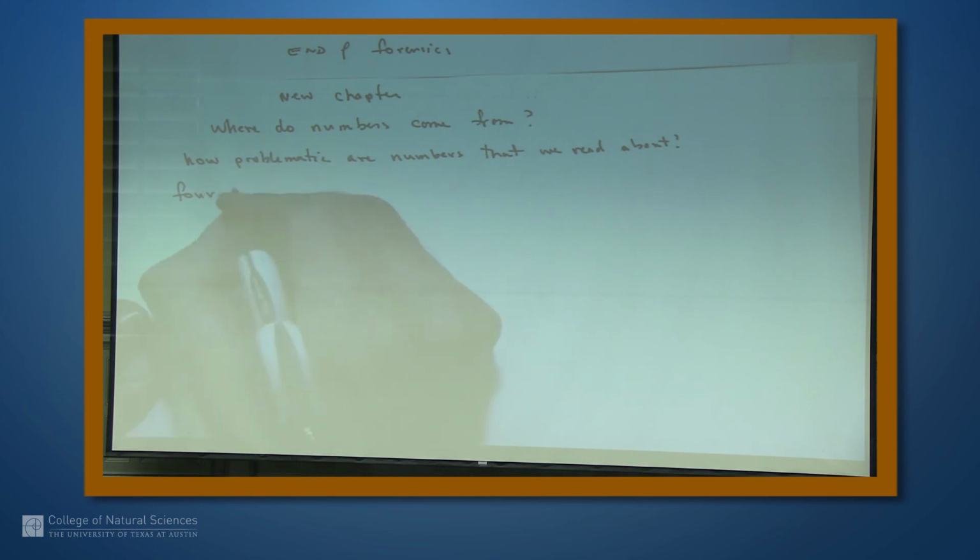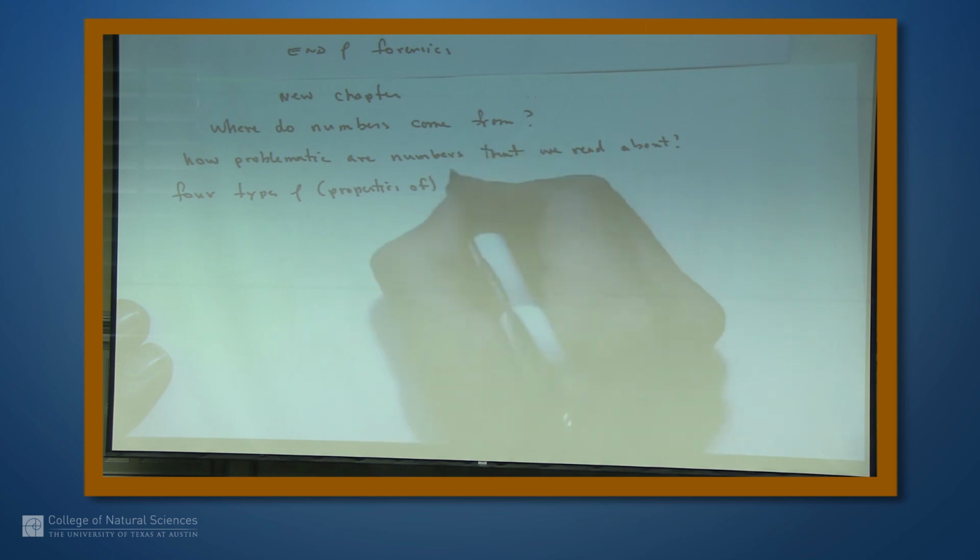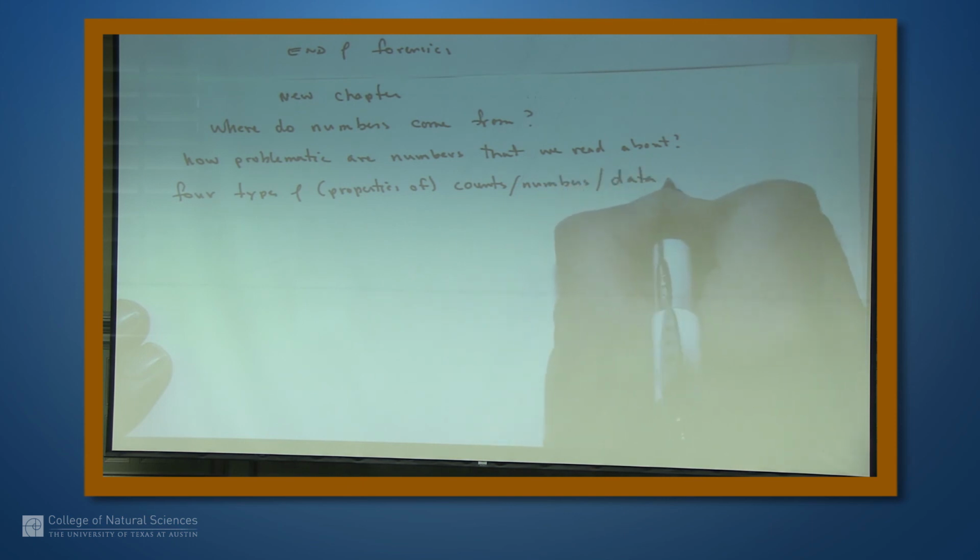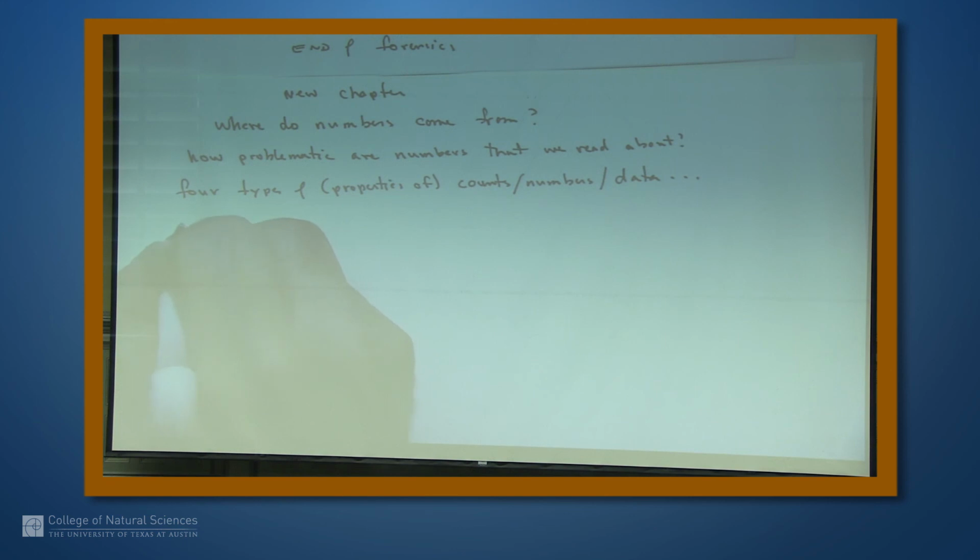I'm going to talk about 4 types or properties of counts, numbers, data. When you see a number, it might be an actual count.